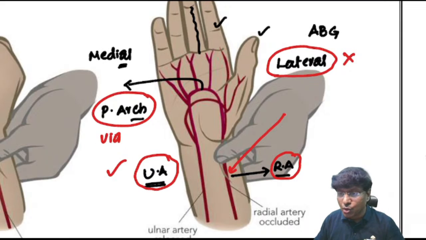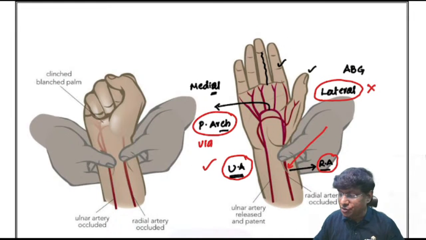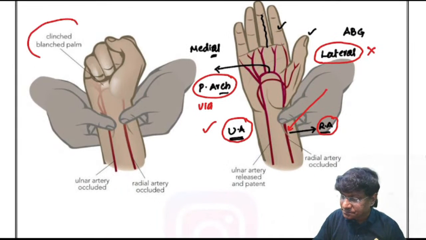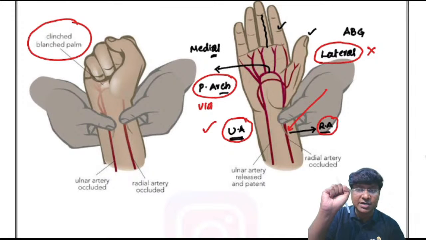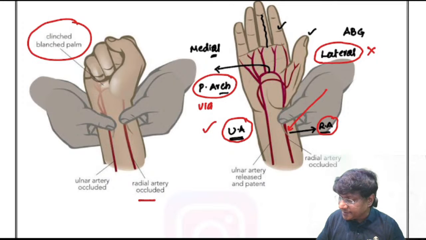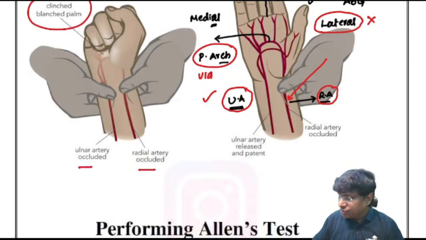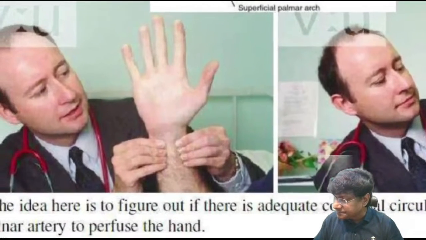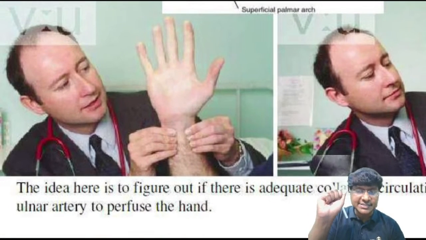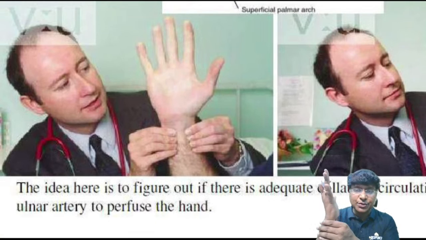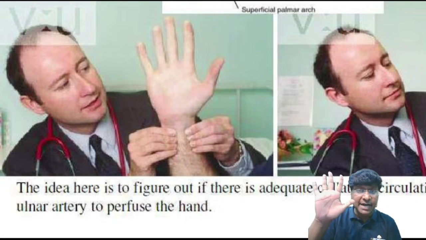Then how will you do the Allen's test? First, the individual has to clench the fist, and both the radial artery and the ulnar artery are occluded. Once you occlude, you ask the individual to open the palm.